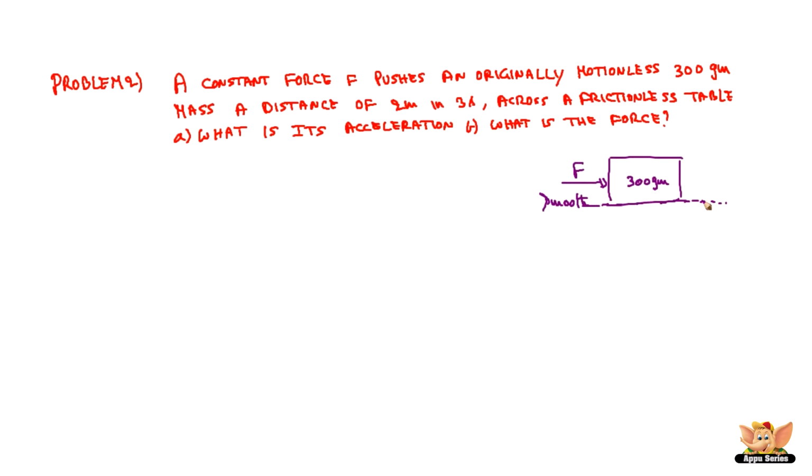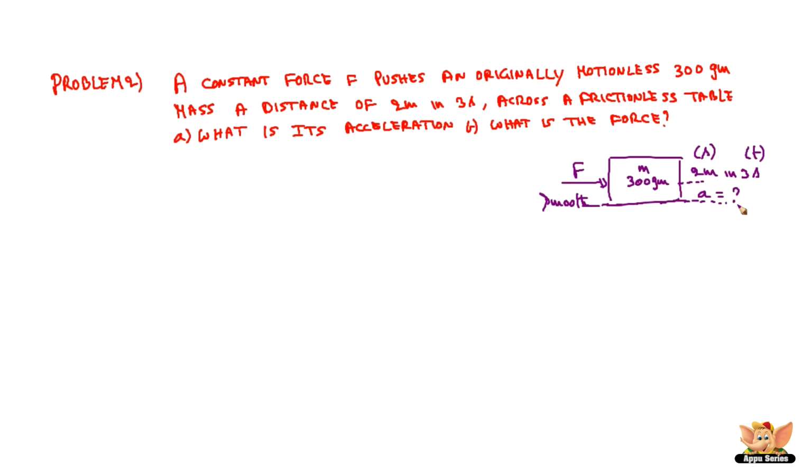So now we need to find its acceleration when this force is applied on 300 grams. It moves 2 meters in 3 seconds. So this is the distance it has moved in this time and this is the mass. Now what is the acceleration?